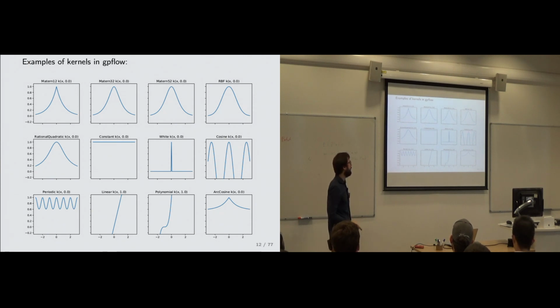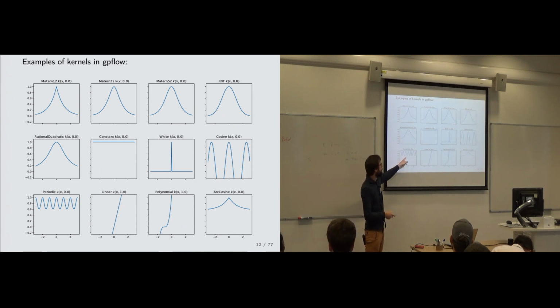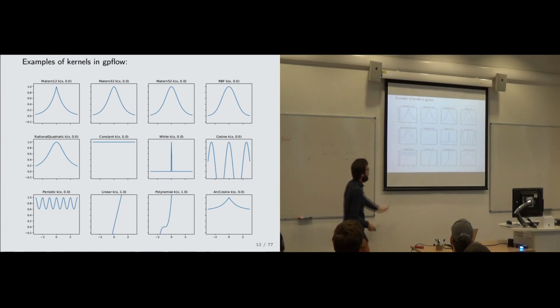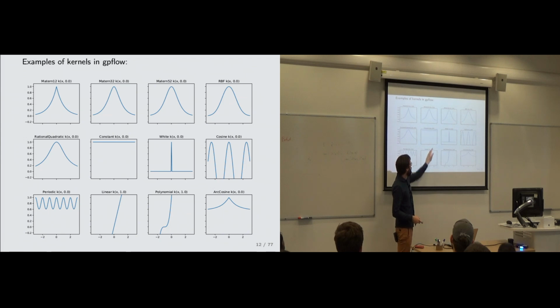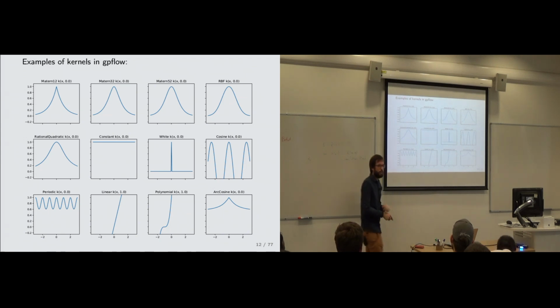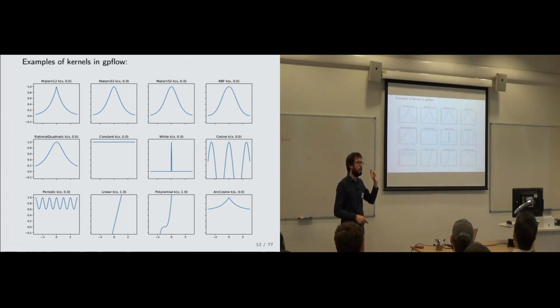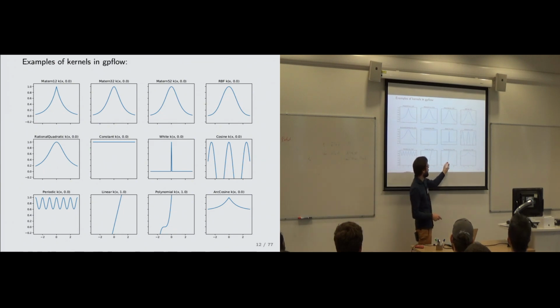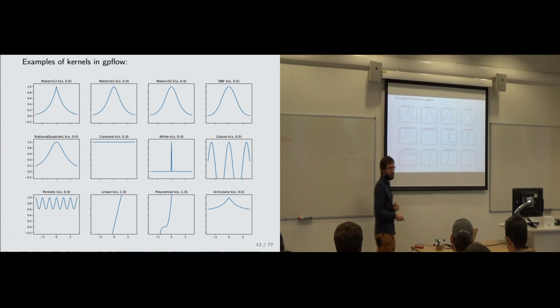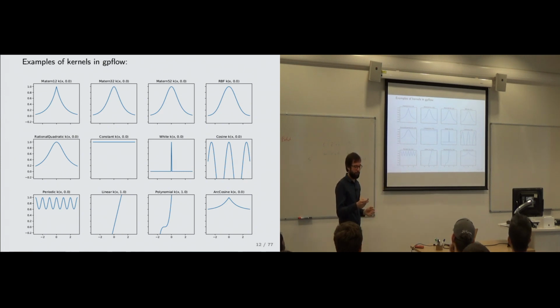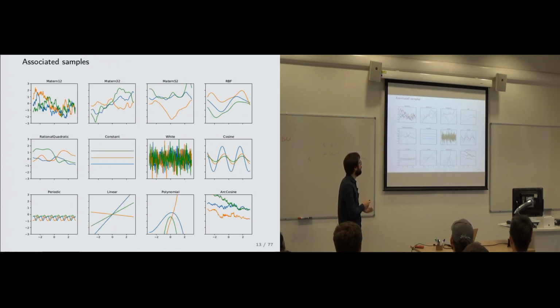You can get kernels that are periodic. That's two different examples. Just the linear kernel, Rich was talking about earlier. So x times x prime is something that is positive definite, or you can get a polynomial or arc cosine like this. A lot of kernels on the shelf we can be using, and they all imply different properties for the samples.